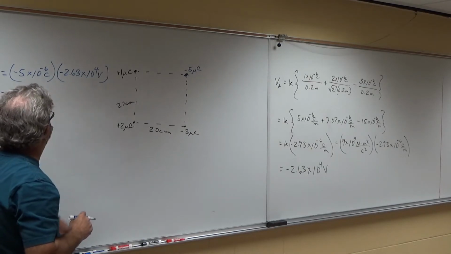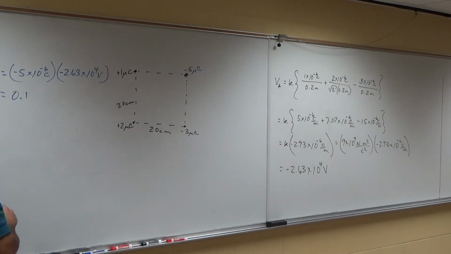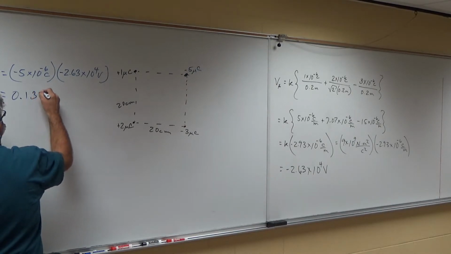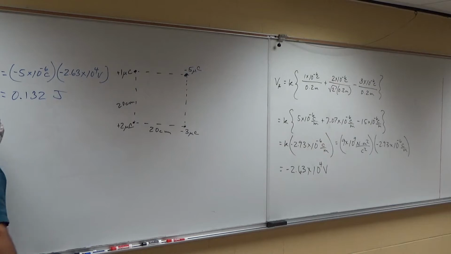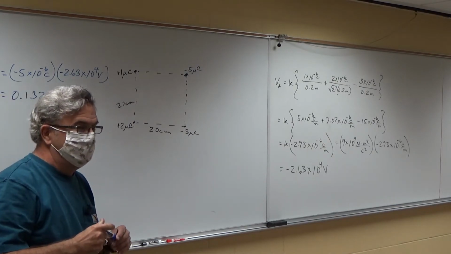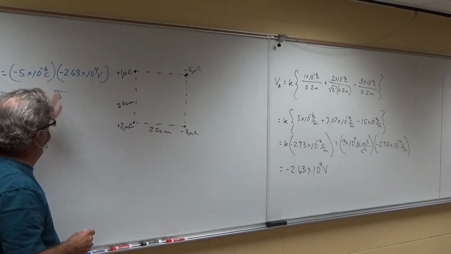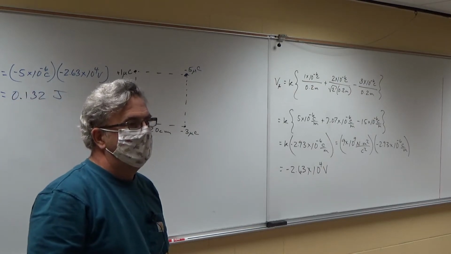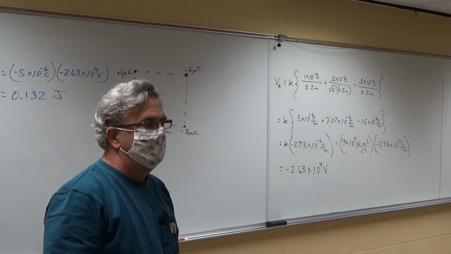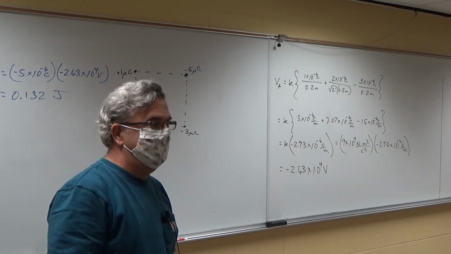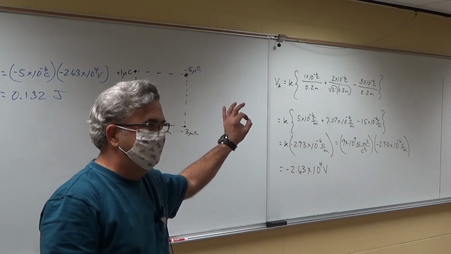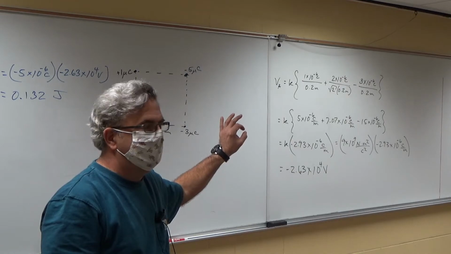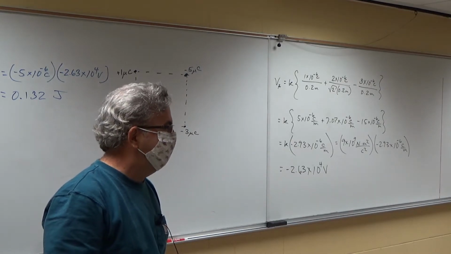Somebody calculate that. 0.132 joules. A volt is a joule per coulomb. That's the idea. If I know the potential at a point, place a charge at that point, I can calculate the potential energy of that charge.